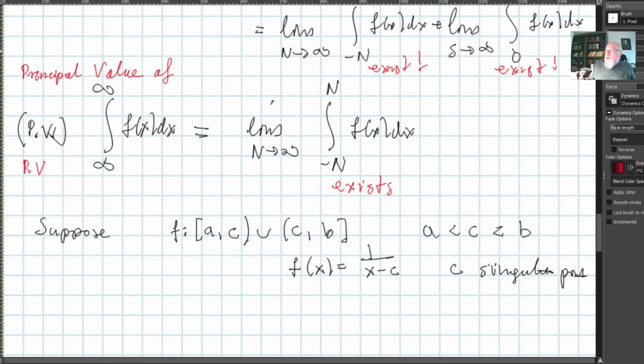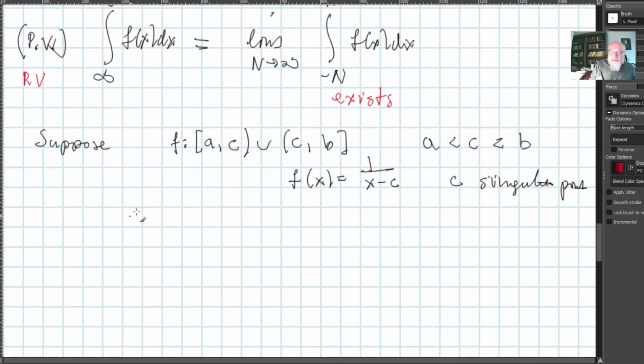Namely, if you would like to consider it to be like a regular singularity, and you would like to write the integral from a to b of f of x dx, of course you have to understand this would be the integral from a to c, so this is the first portion, and since c is a singular point, that's an improper integral.